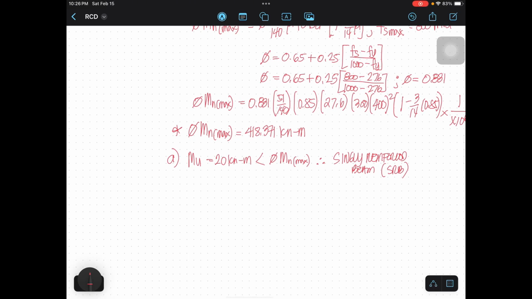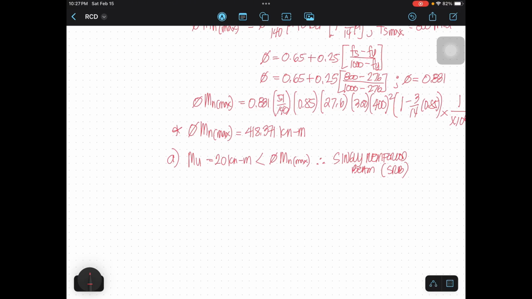So after natin ma-check if it is a singly reinforced beam type of problem, compute naman natin or check natin if yung section natin is on the tension controlled or nasa transition region yung ating MU. Okay? So to do that, para i-compare natin if nasa tension control tayo or hindi, kailangan muna natin i-compute yung moment capacity under tension control.